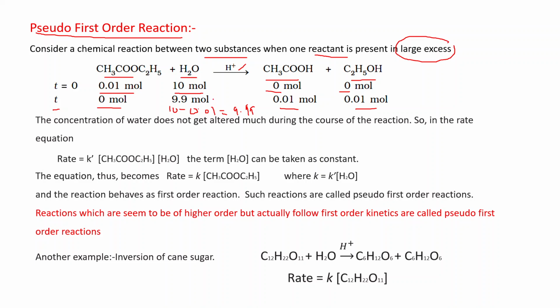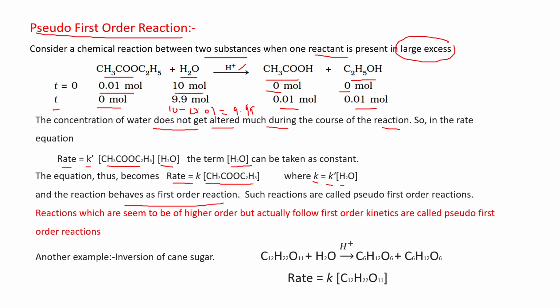So that's why we can say the concentration of water does not get altered much during the course of the reaction. That's why rate of reaction can be written as rate is equal to K concentration of ester, concentration of H2O, but this H2O can be taken as constant. That's why we can say rate is equal to K dash concentration of CH3COOC2H5, where K dash is K times H2O, and the reaction behaves as a first order reaction.